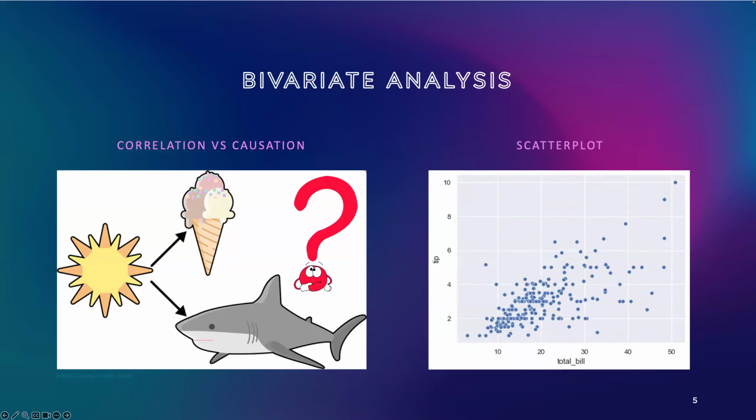And if we look at what kind of scatter plots we have here, we have the relationship between the tips and the total bill that people pay. So this would be like, for instance, 2%, 4%, 6%, 8%, and so on of the bill.